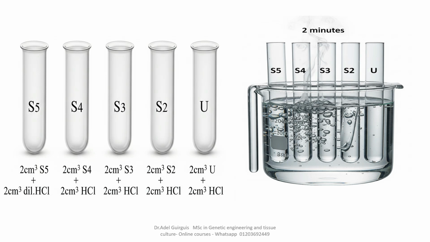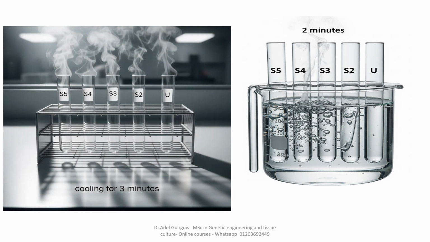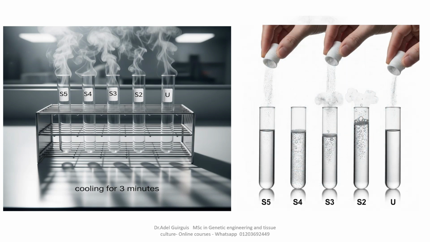This acidifies and hydrolyzes the disaccharide present in the test tubes. Then cooling in the test tube rack. Then neutralizing until no fizzing takes place or no bubbles appear. This is the end of neutralization.